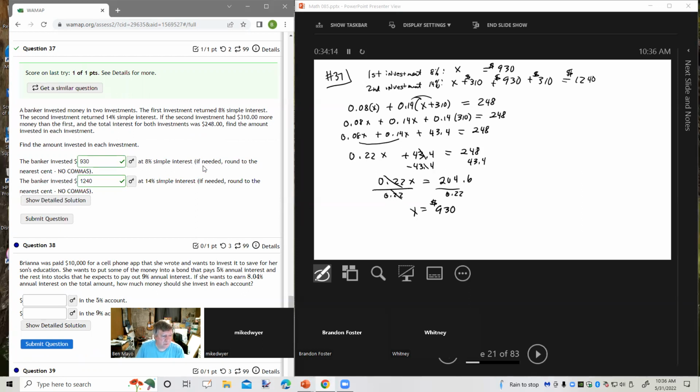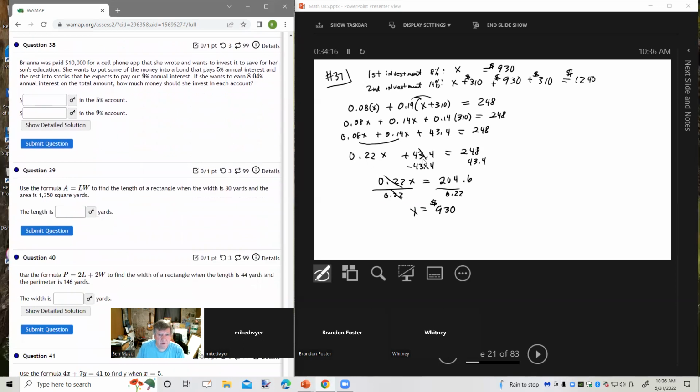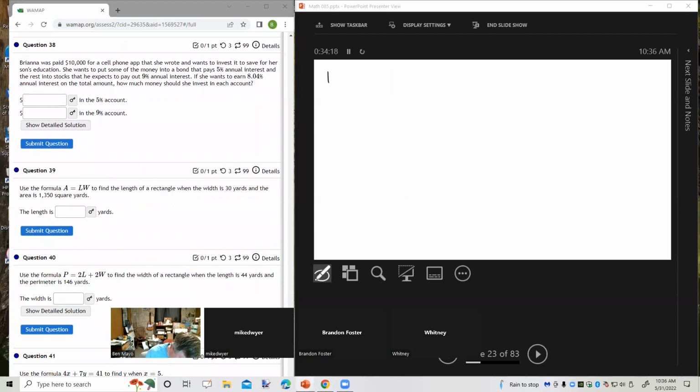All right, let's take a look at problem number 38. Brianna was paid $10,000 for a cell phone app that she wrote and wants to invest it to save for her son's education.